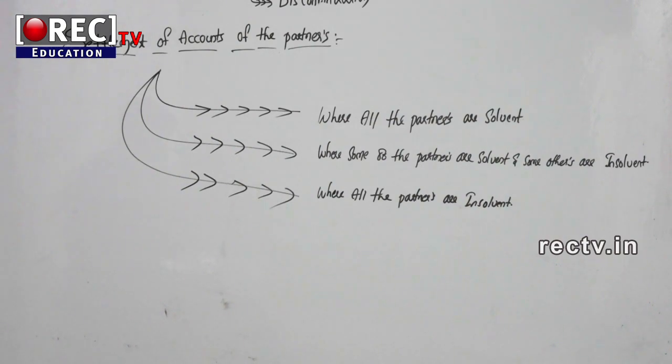And the final debit balance in the insolvent partner's capital account, after all the adjustments, you should share in their ratio as the deficiency of other partners. A solvent partner having a debit balance in capital account, while checking the last agreed capitals, will not share any loss due to the insolvency of a partner. So friends, in this situation we said that A, B, C are partners. Here C had become insolvent and A and B are sharing his deficiency in their last agreed capital ratios.